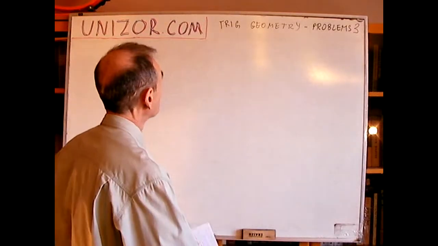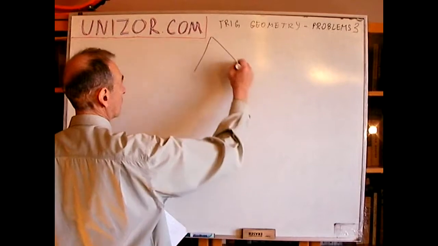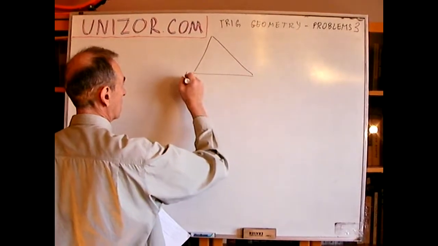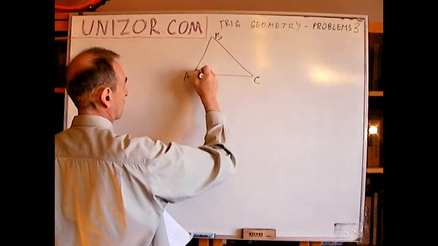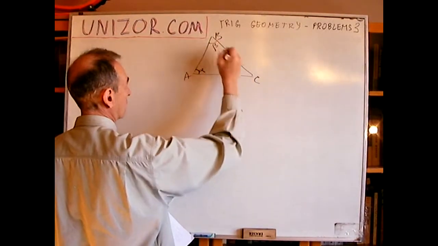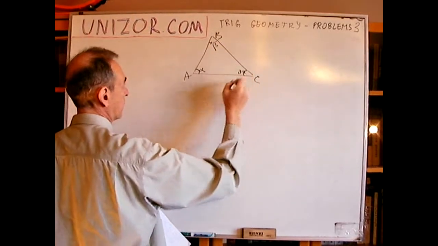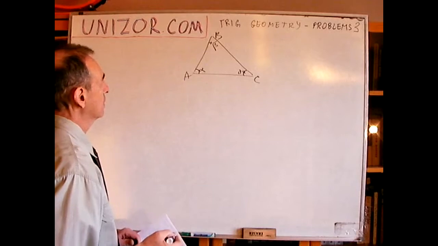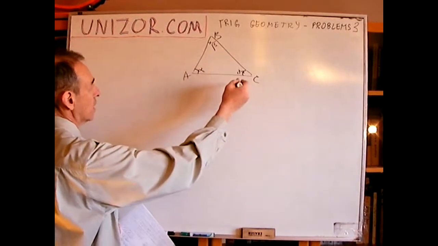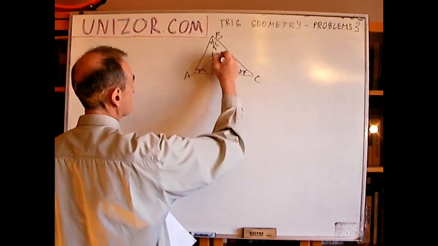Okay, problem number 1. If you have a triangle whose vertices are A, B, C, angles are alpha, beta, gamma, and three altitudes.